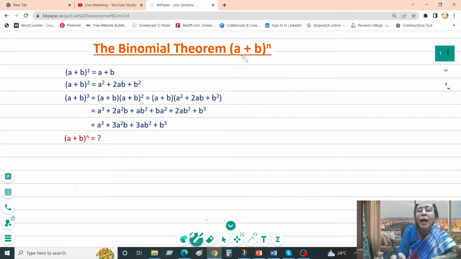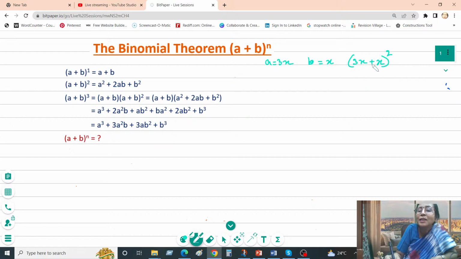What if we have a as 3x and b as x? Both are containing variables. Let me write. a is equal to 3x and b is equal to x. Then what happens? a plus b will be 3x plus x, raised to the power of 2.